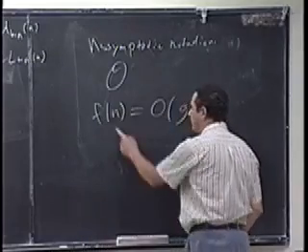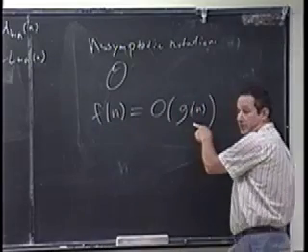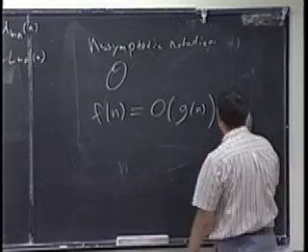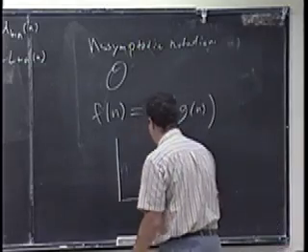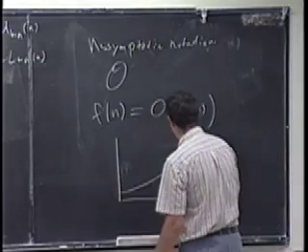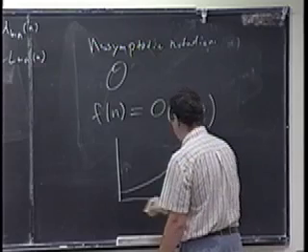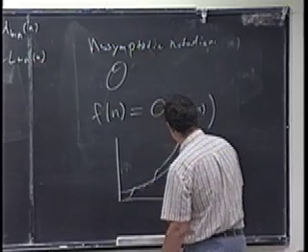So one function is big O of another function. Let me write what this means roughly.